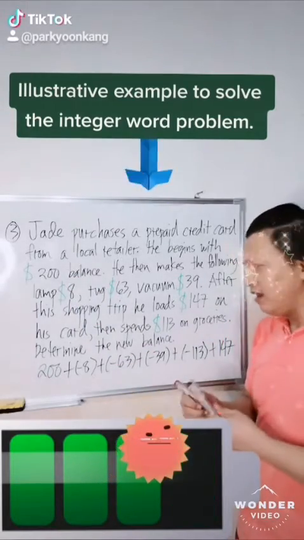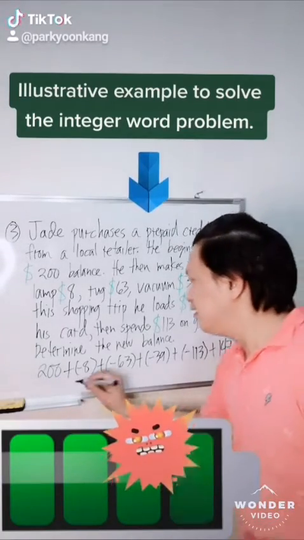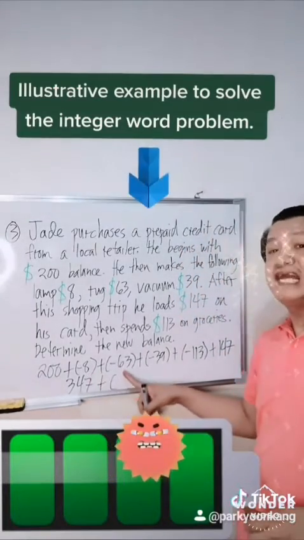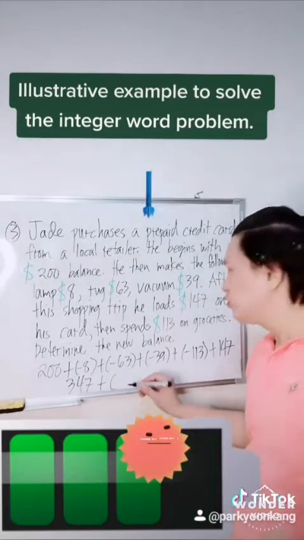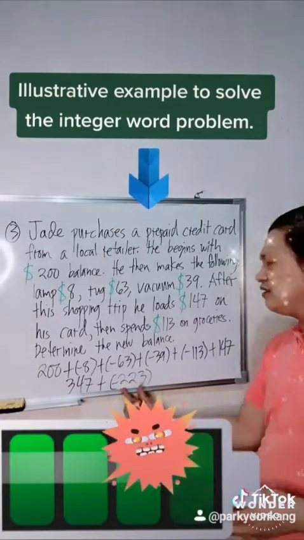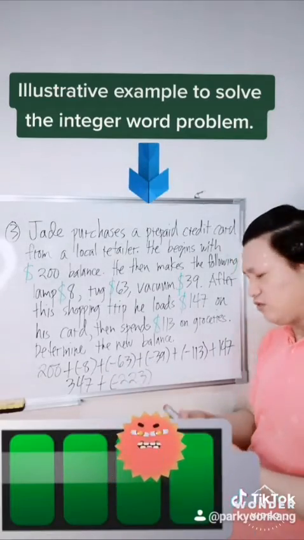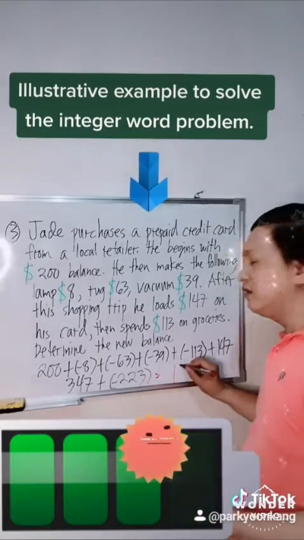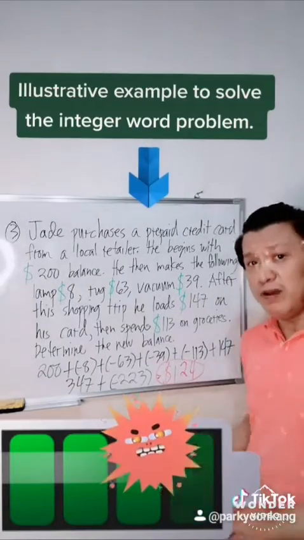So that's why this is positive. And then you can now simplify 200 plus 147 is simply 347. And if you are going to add all the negatives, the sum of all these negatives is simply 223. And if you are going to add negative 223 to 347, what is the new balance? So we have the answer, or the value, is simply 124 US dollars. This is now the new balance.